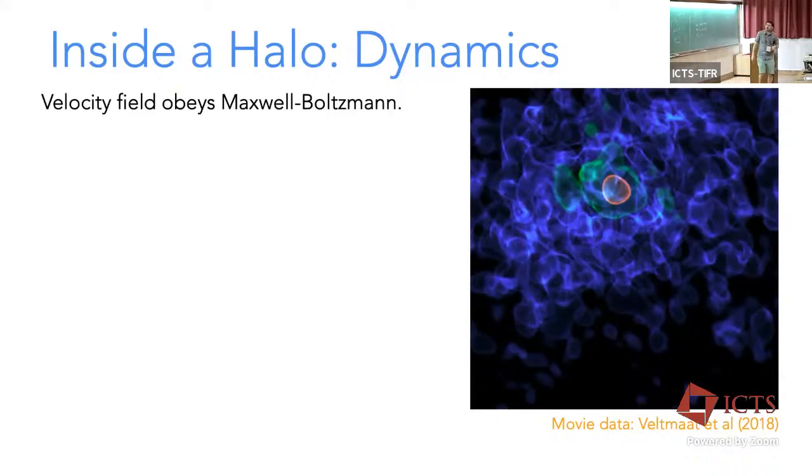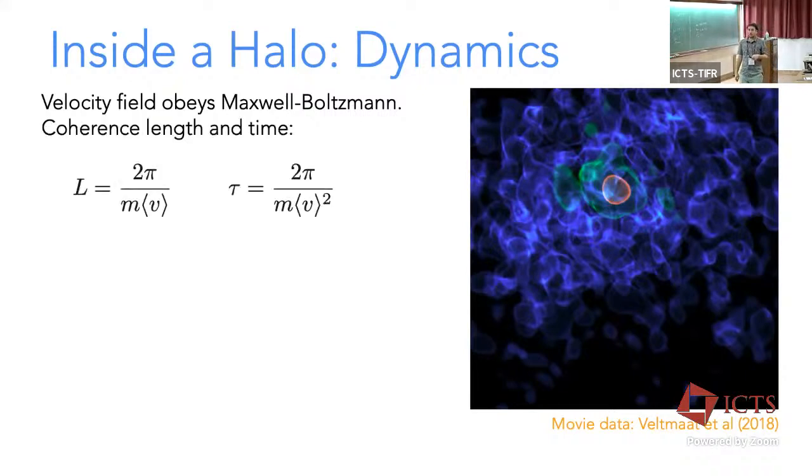The simulation starts at redshift 1000 with linear perturbations, drawn from that linear power spectrum that we can compute in perturbation theory, and then evolves forward, solving the Schrodinger equation.